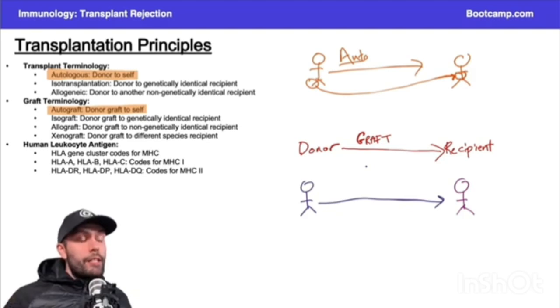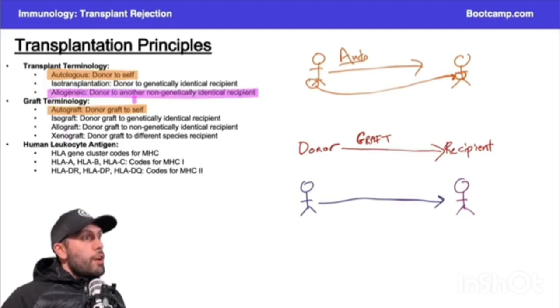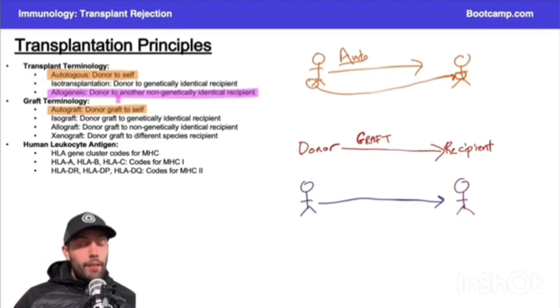Okay, but the point is that these are two genetically distinct individuals. And so this type of transplantation is called an allogeneic transplantation. Okay, so that's an allogeneic transplantation. We're donating an organ in this situation to a non-genetically identical individual.